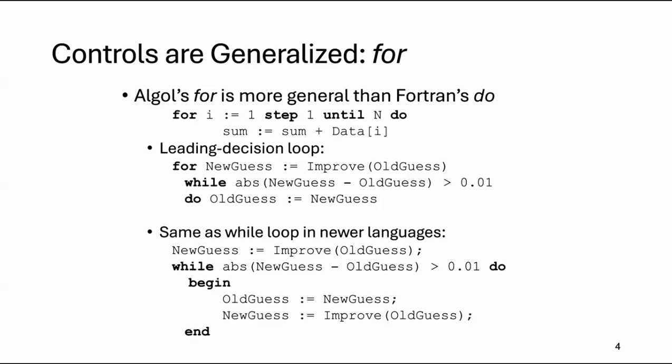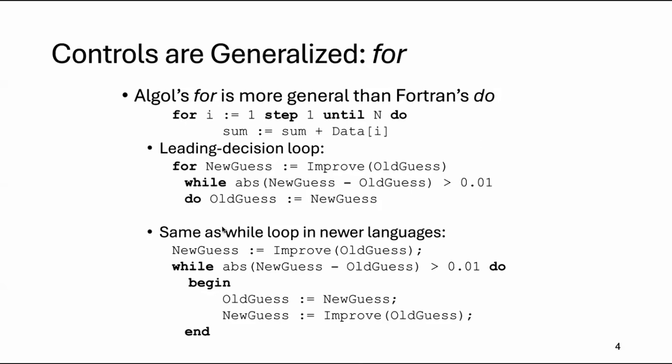So you can have a leading decision loop, like for new, guess, improve, you're going to have the for loop and then while and then do. Or you can have a behavior that is similar to the while loop in newer languages. So you have then you guess and then while, and while a specific condition happens, you will do something, and whatever you want to do is inside the begin and end block.